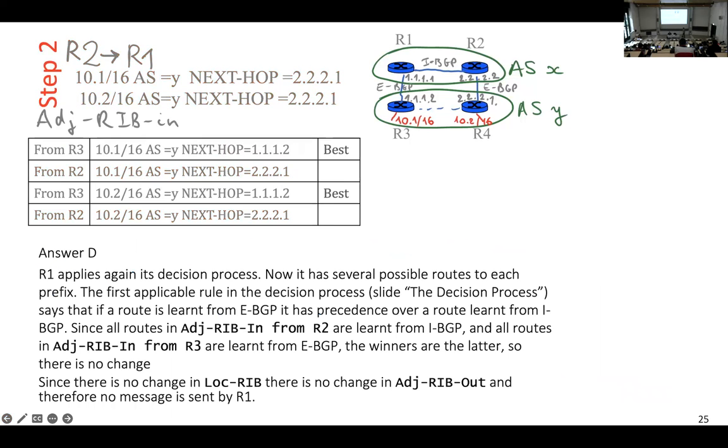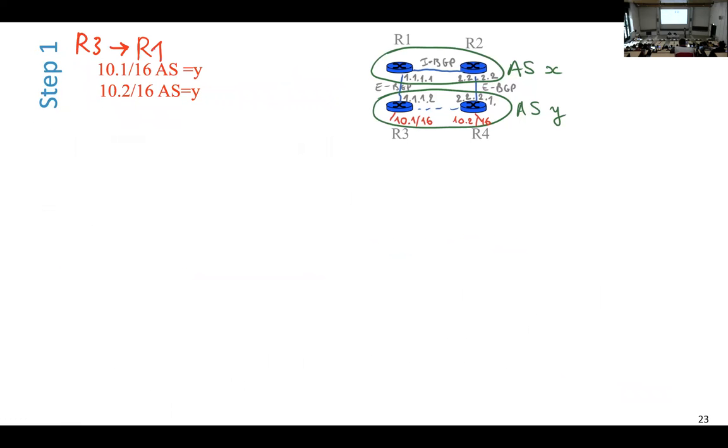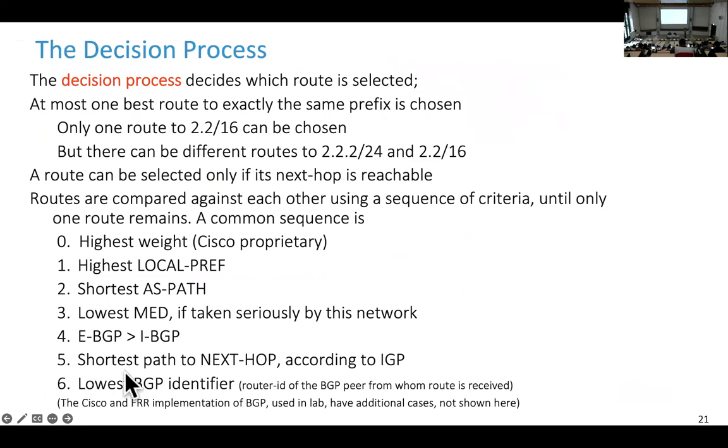Why is it none? We should look at the set of rules that we have and compare them. These two attributes are absent, so we go to the next one. The next one is that routes with a shorter AS path are preferred. They are equal. Both of them take an AS path of length 1.